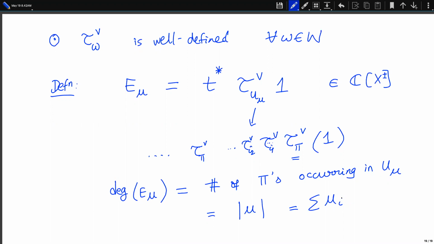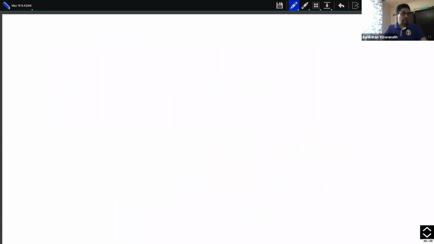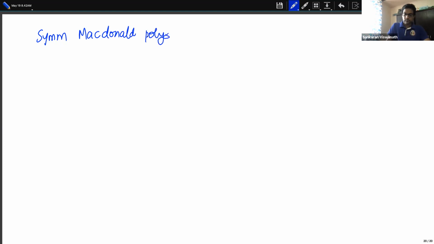Okay, fine. So to define the P mu's, the symmetric Macdonald polynomials, so just say symmetric. What one does is you just apply, so let's take lambda.